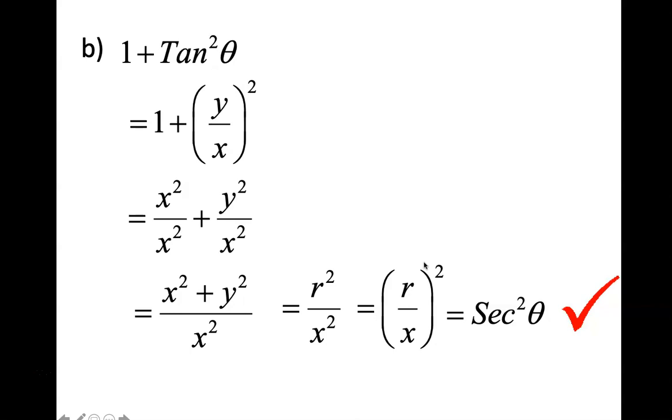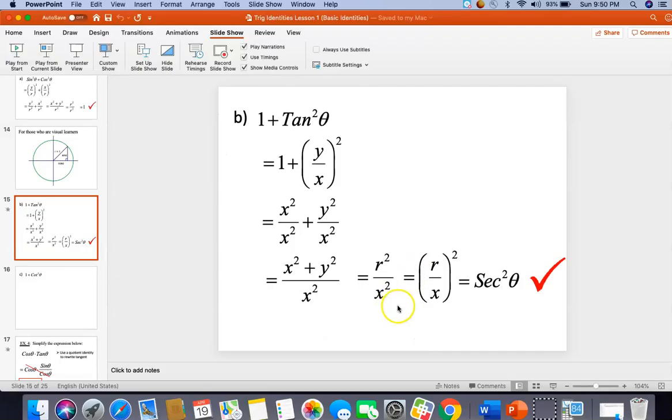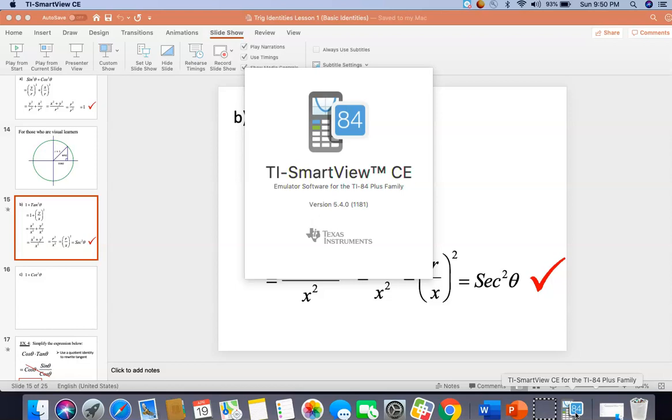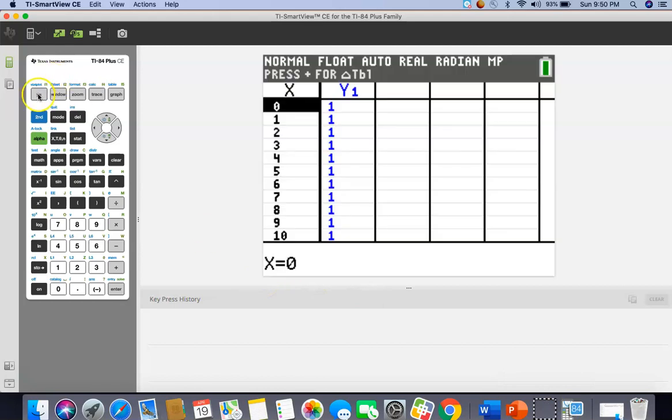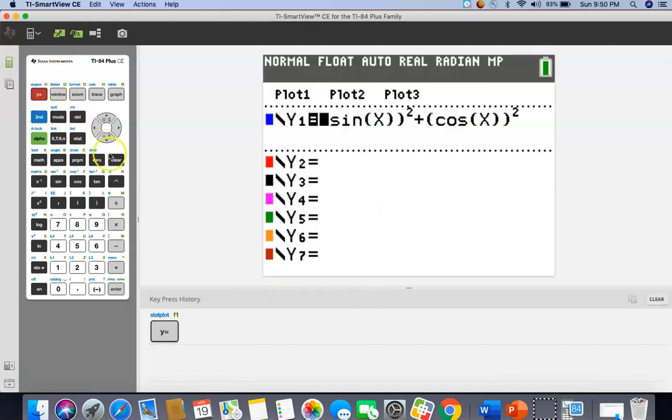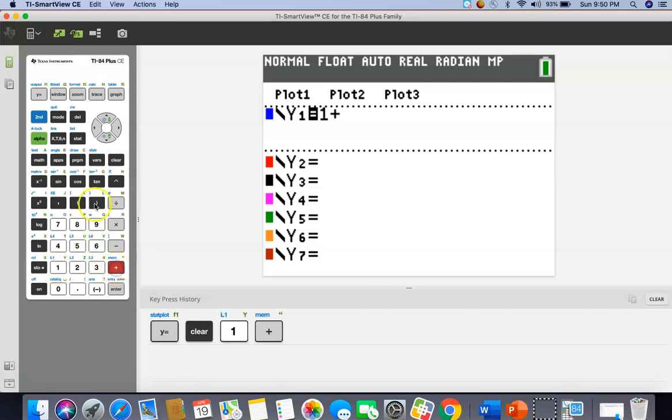I'm going to go back to the calculators just for kicks here, and we'll see if this works nicely. It may crash and burn in my face. If it does crash and burn, it would not be the first time. So I'm going to do a little verification there. We had 1 plus tangent squared, so I have to go in parentheses, tangent of some angle.